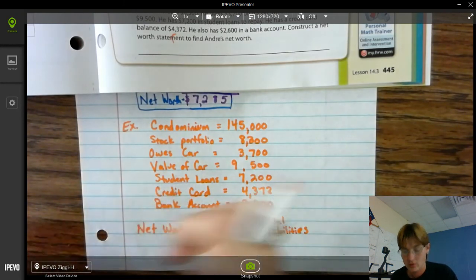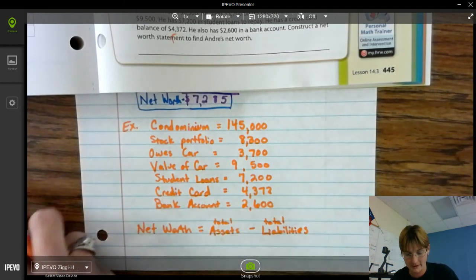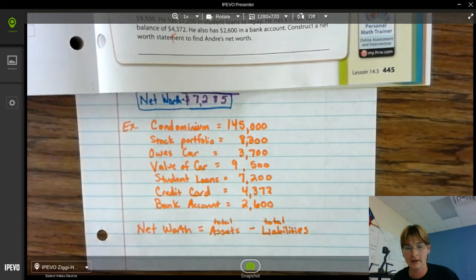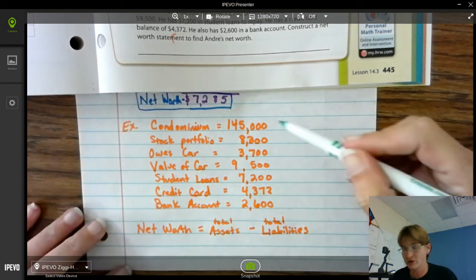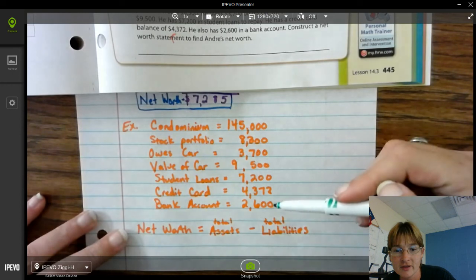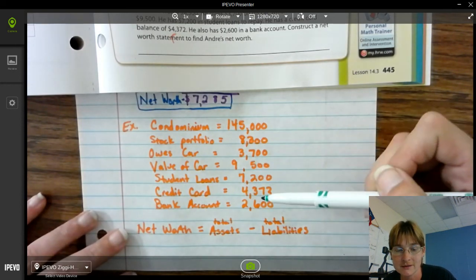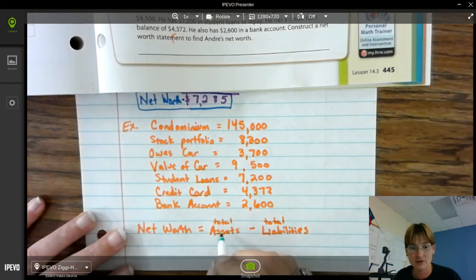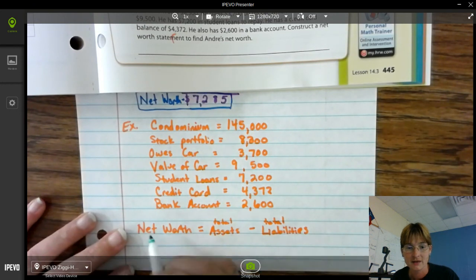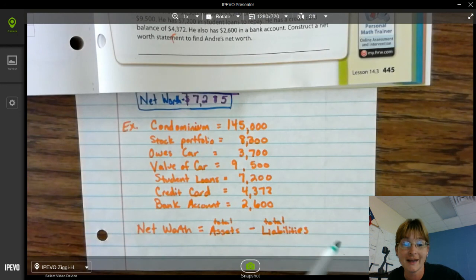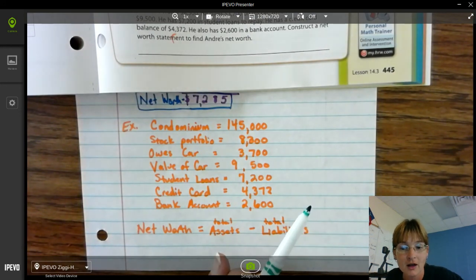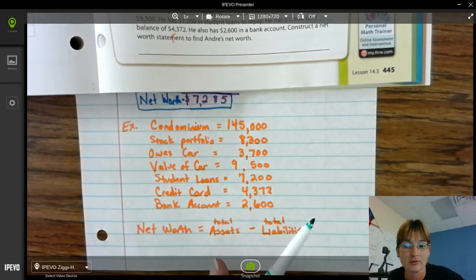From here, what I need done for tomorrow is for you to determine which ones in your list are assets and which are liabilities, and then take the total assets, subtract the total liabilities to see what the net worth is. I do expect an answer, and we will be looking at it tomorrow first thing when you come to class after the do now.